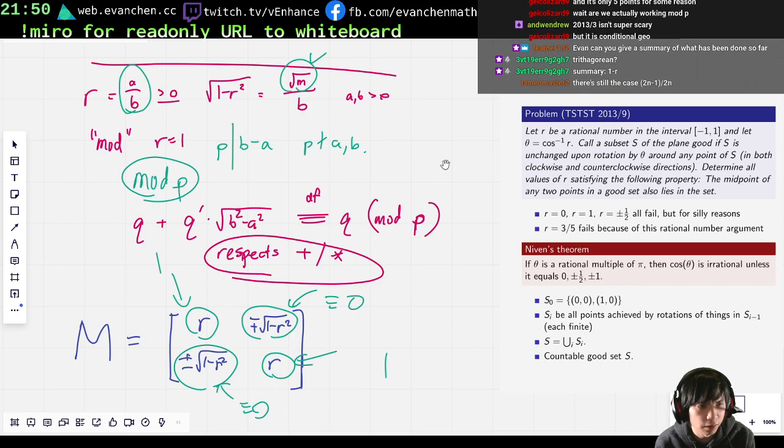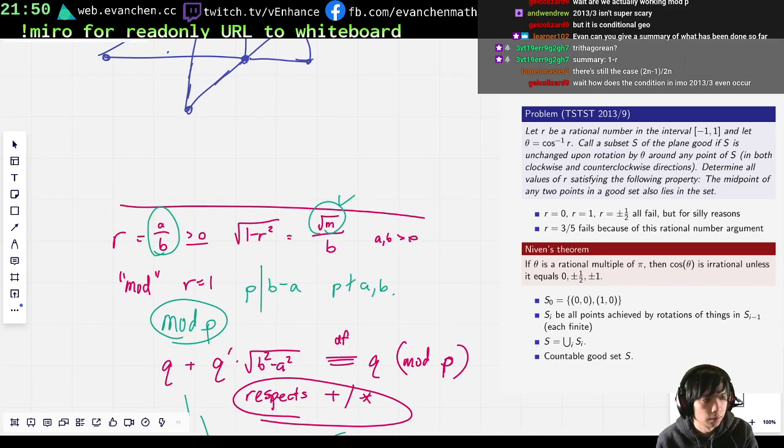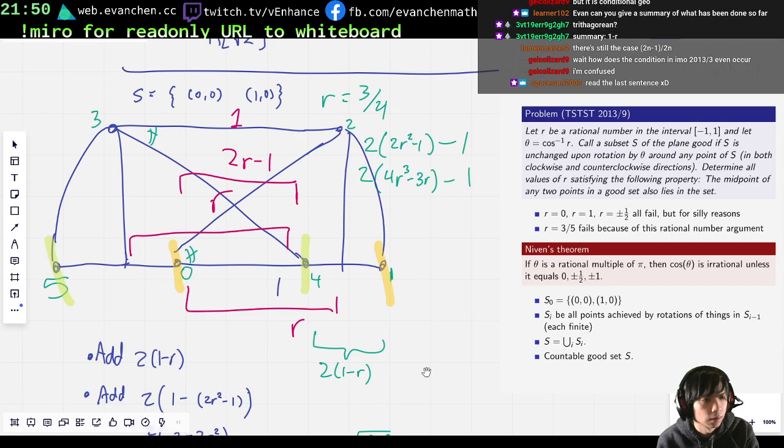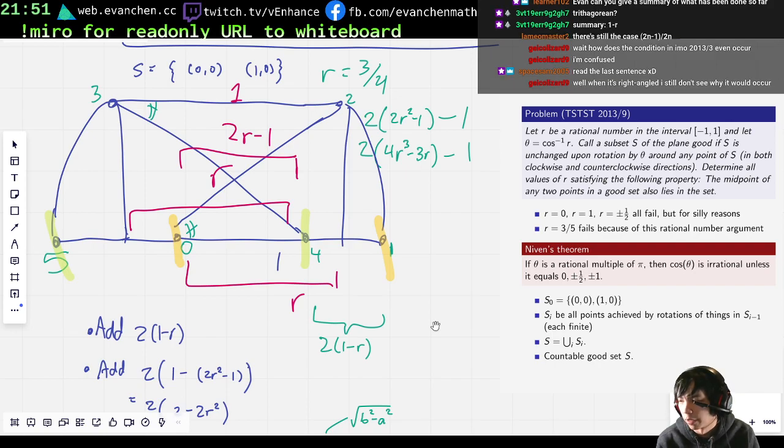Wait, so does r equals 1/2 work? R equals 1/2 fails. Yeah, there's still that case. 2n minus 1 over 2n. But we apparently know that r equals 1/2 doesn't work though.